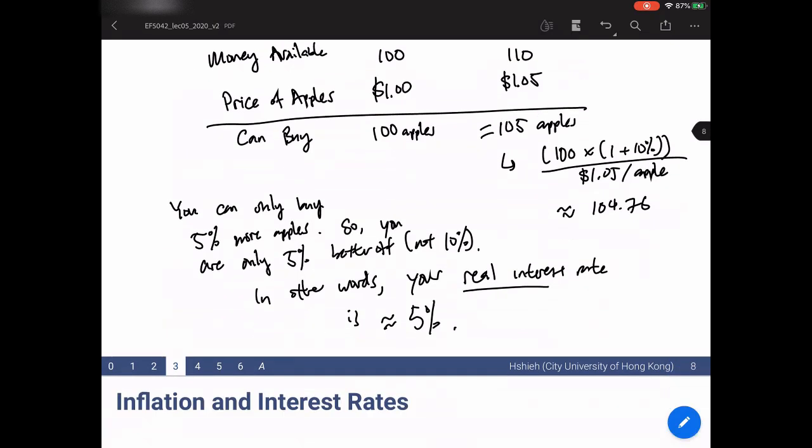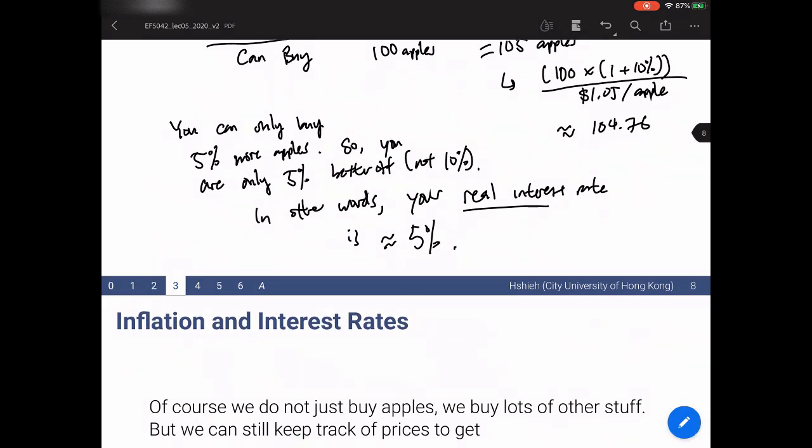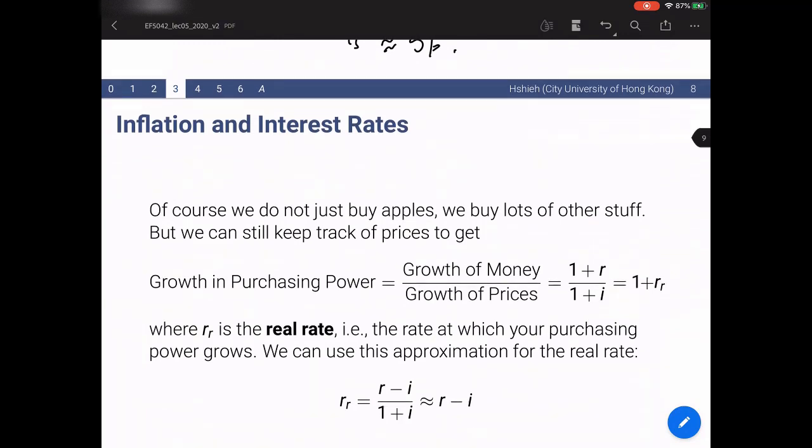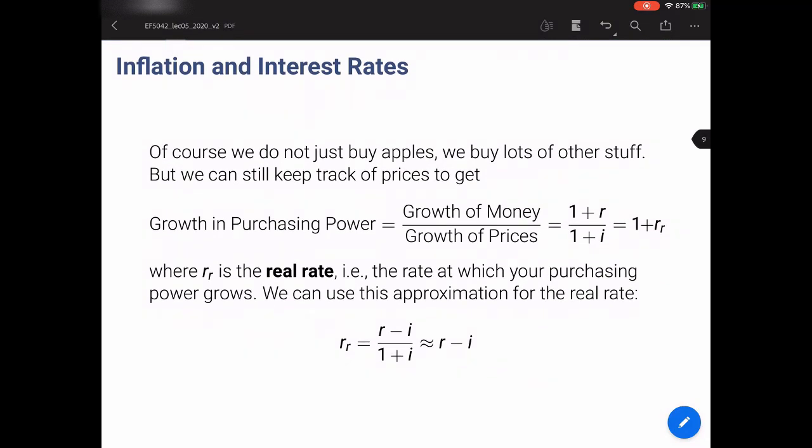All right, so we can formalize this with an equation. We can think of the growth of purchasing power as taking the growth in money, which is our opportunity cost, and discounting it by the inflation rate. So in this second paragraph, I have an equation for you.